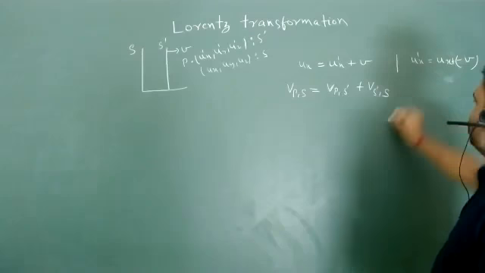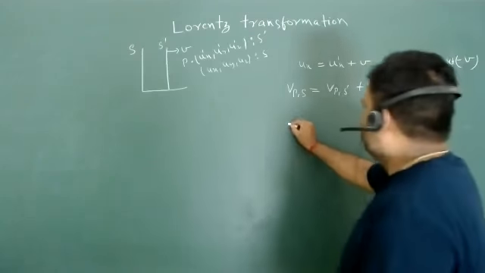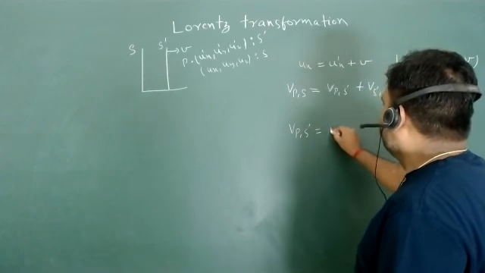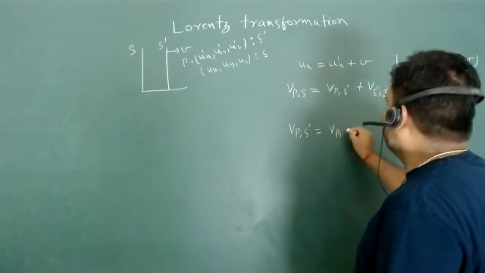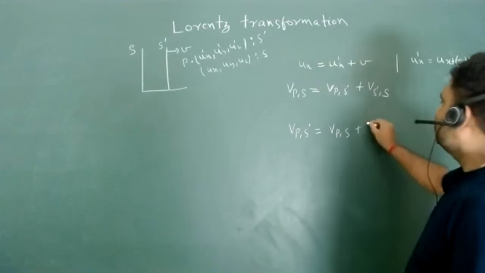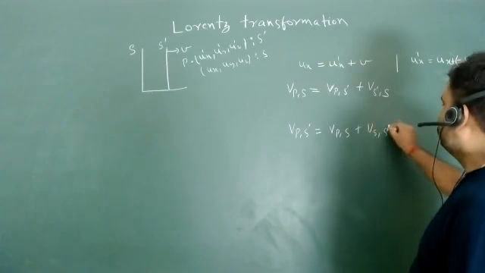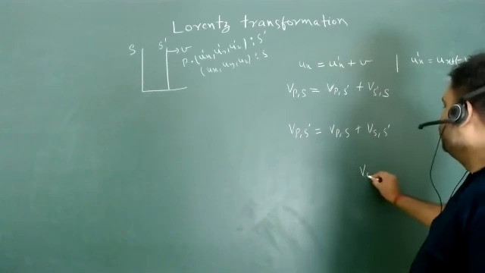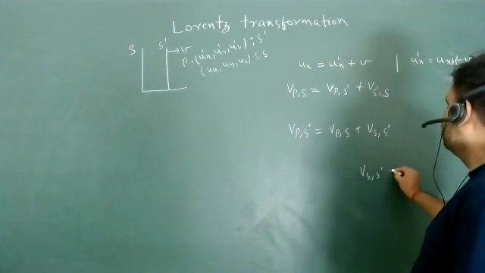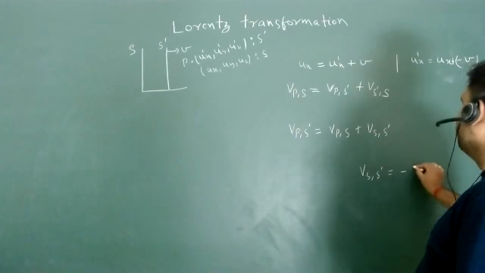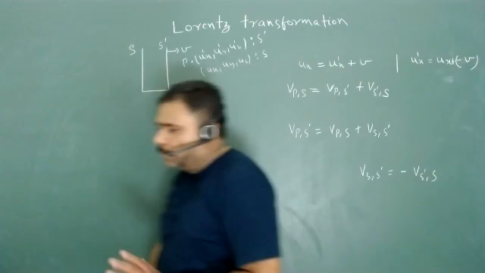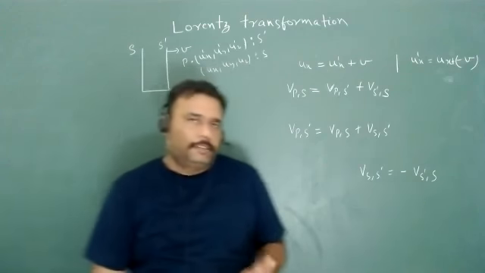Velocity of the particle with respect to S dash is equal to velocity of the particle with respect to S plus velocity of S with respect to S dash, and the velocity of S with respect to S dash is minus the velocity of S dash with respect to S. So this is a wonderful transformation.